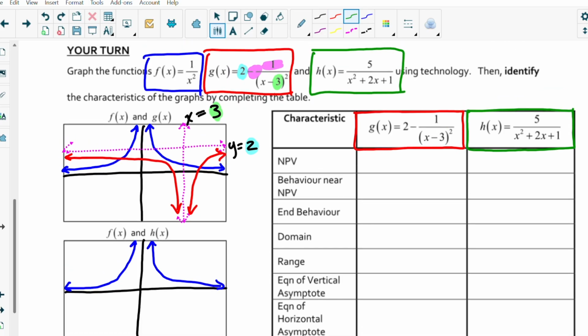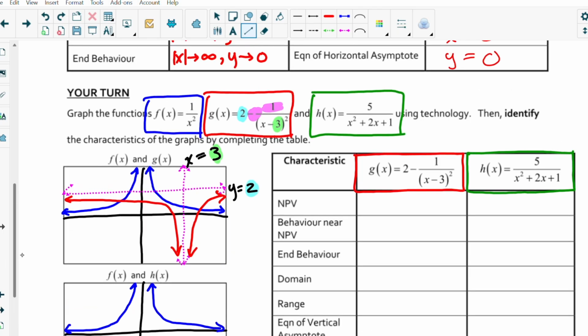So what does g of x look like? First, I'm going to draw in my asymptotes. Let's go here, here, here, there. Okay.